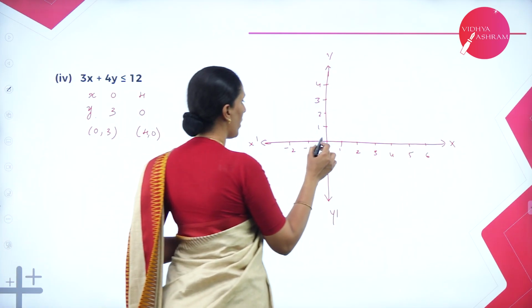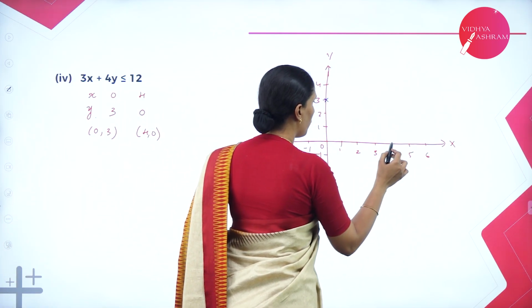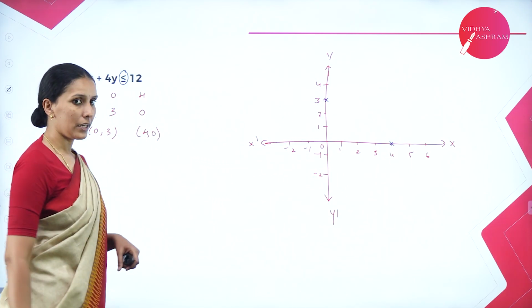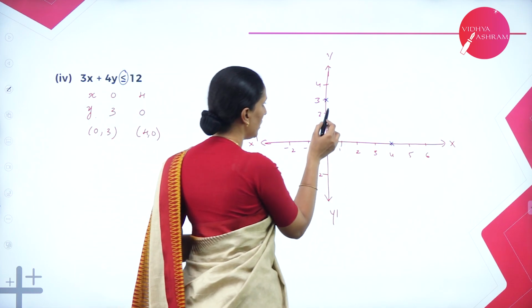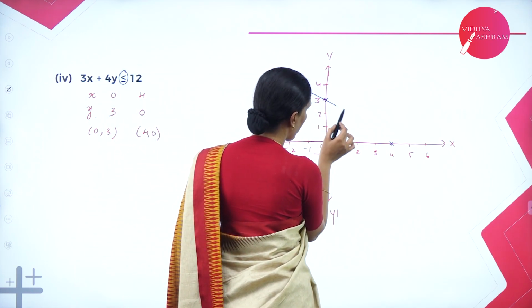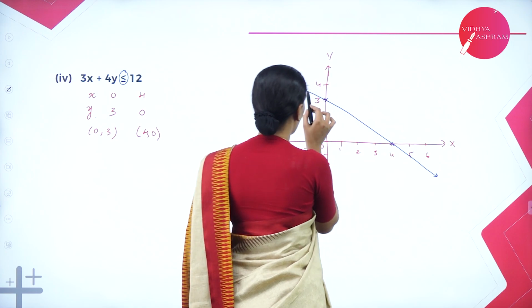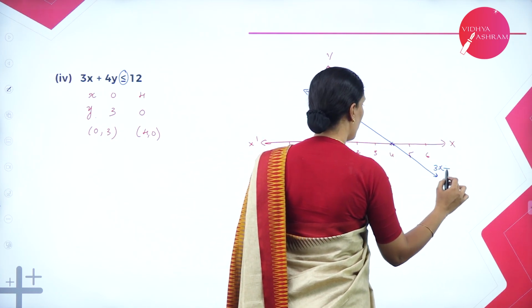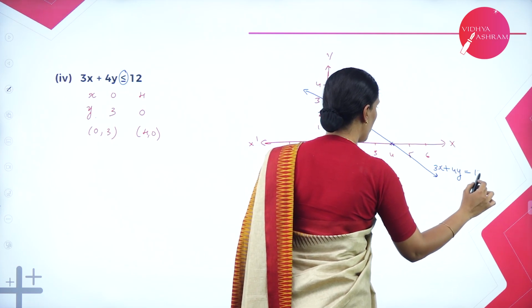Now let's plot the points (0, 3) and (4, 0). Now the inequality is a slack inequality, so we can use the dark line here. So let us join these points. So the equation of this line is 3x plus 4y is equal to 12.